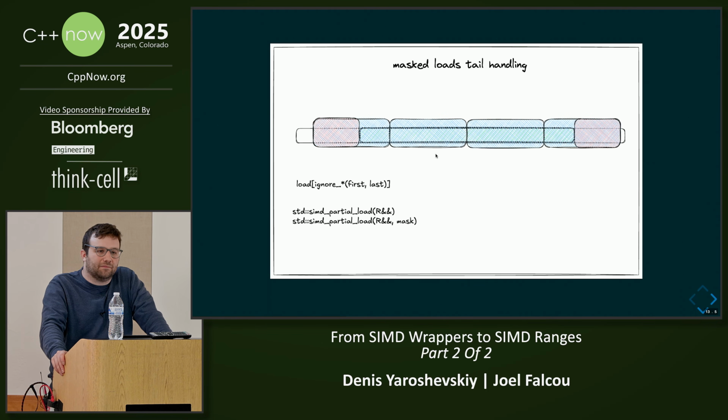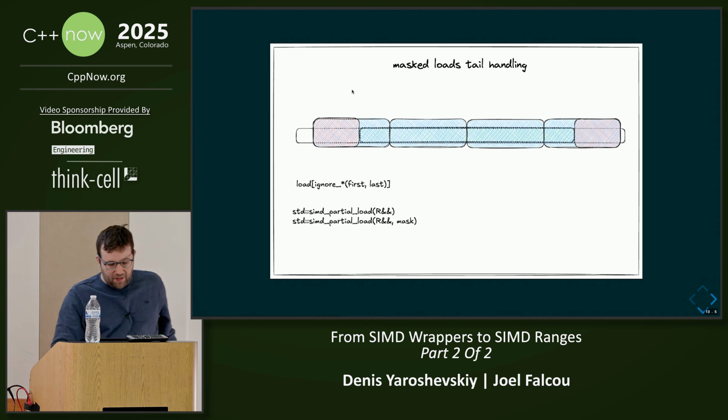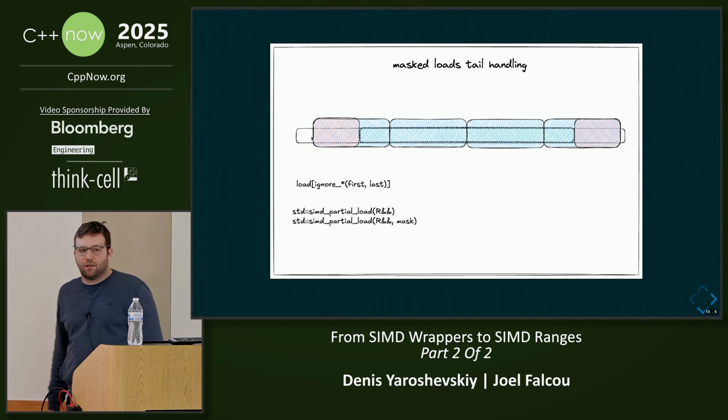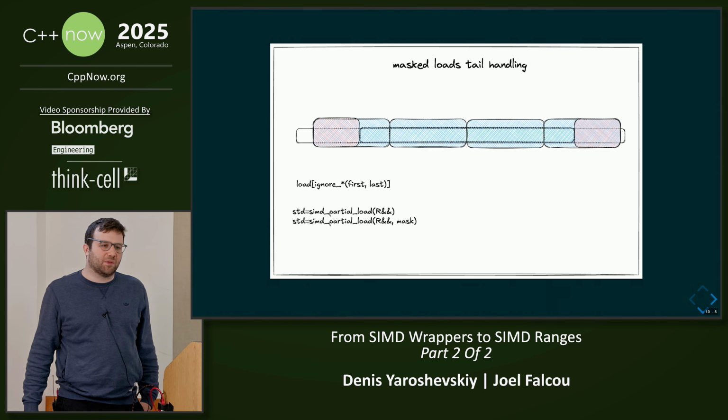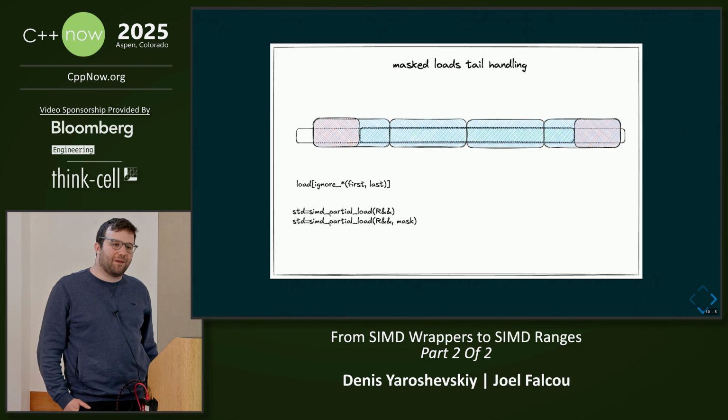I would ask a question. In the slide on masked loads and tail handling, when we load the data out of our arrays, we start reading the elements before the array starts to be able to fit all the elements into the register. So what if we are on the page boundaries? I go to the previous aligned address. The page boundary is aligned to every register size possible, it's a power of two, so that never happens.